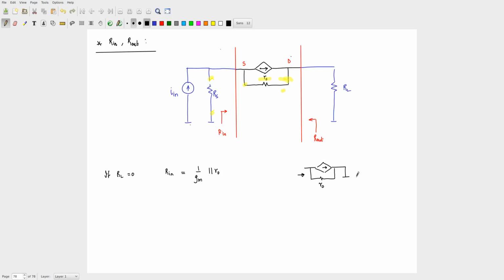And this is identical to R0 and GM, correct?